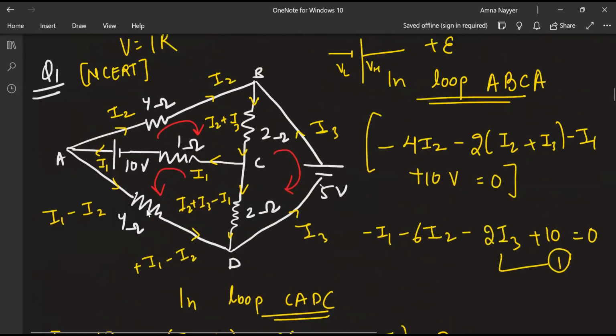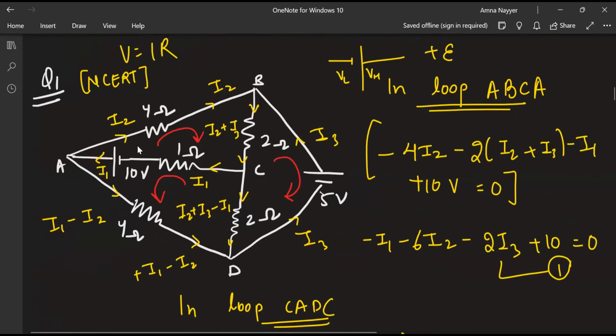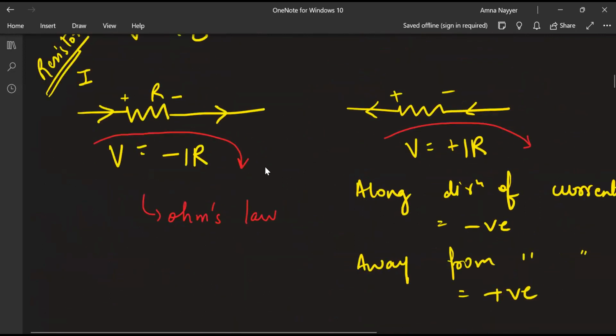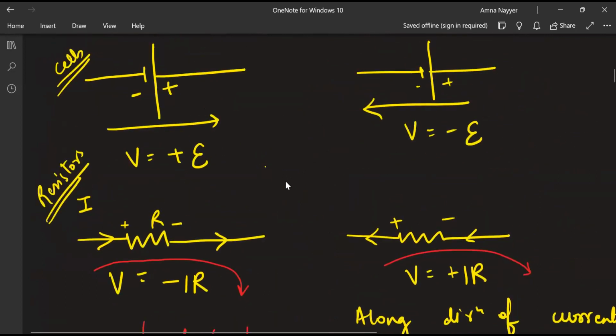Yeah, see, you are writing the net voltage. So for the cells, EMF is already mentioned, but where resistors are present, how do you get the voltage there? So using Ohm's law. So with resistors only apply this. See, that's what now you will get the rules that we have written earlier. When we are moving along the direction, for cells and resistors, there are two devices here. Cells and resistors separate.